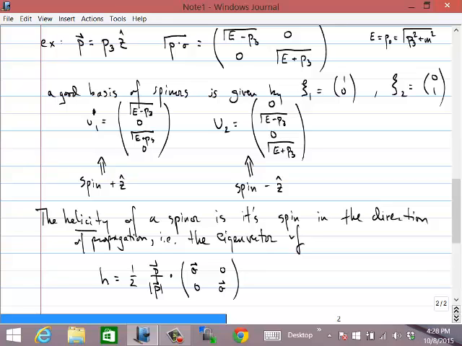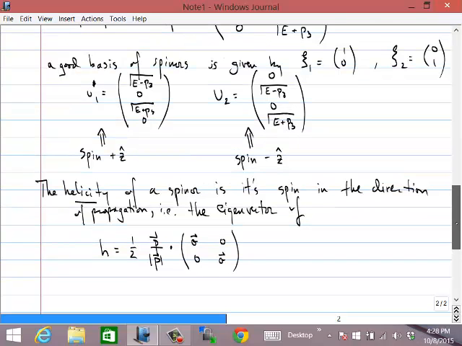And then in that frame, the particle looks like it's moving in the minus z direction. So something that looks like it has positive helicity in one frame could look like it has negative helicity in the other frame. Okay. So this is a concept that depends on a choice of rest frame.